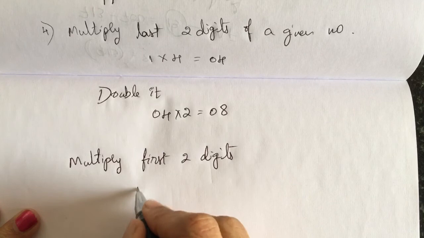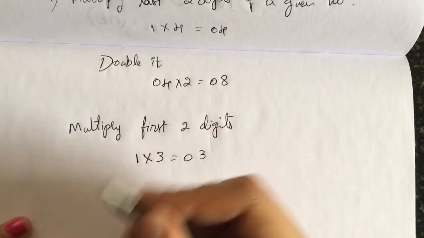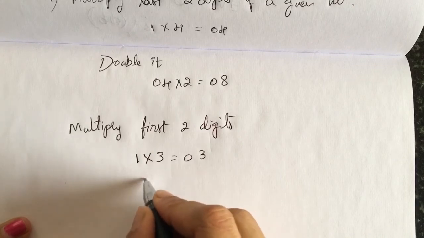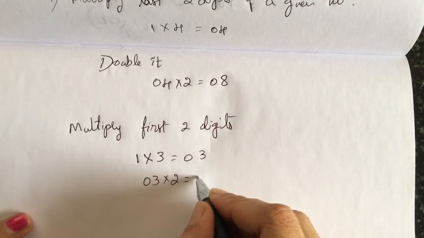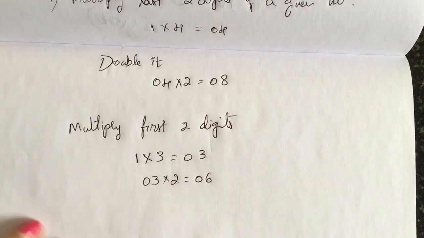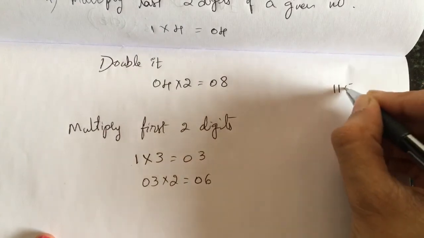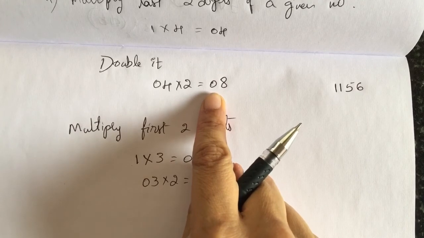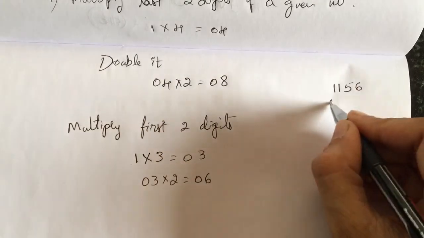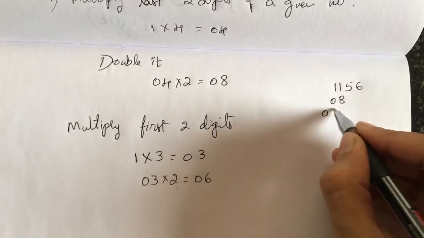That's 1 into 3, so it's 03. Then again you double it, so 03 into 2, it's 06. Now you got 1156, next the value you are getting is 08, you write it over here. Then you are getting 06, you write it over here.